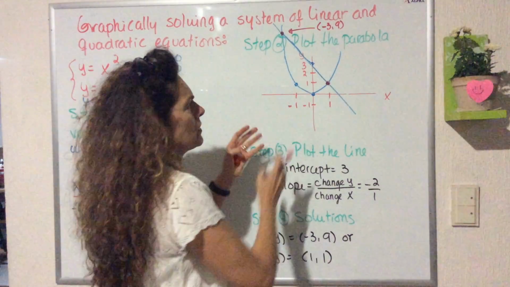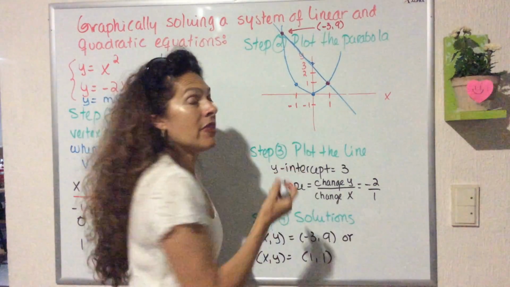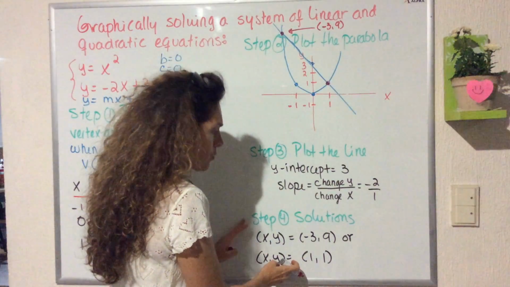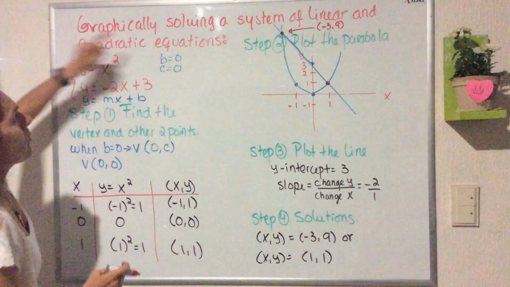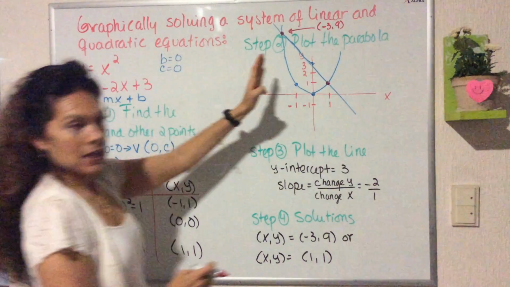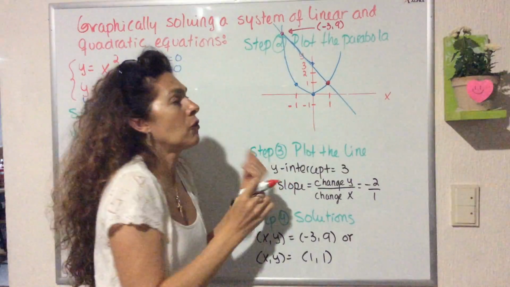Here it is not easy for me because I do not have enough space, but the important thing is that you realize that when you're looking for the solutions, when you are given a system of linear and quadratic equations, it is this: you have to look for the points where the parabola and the line are crossing.